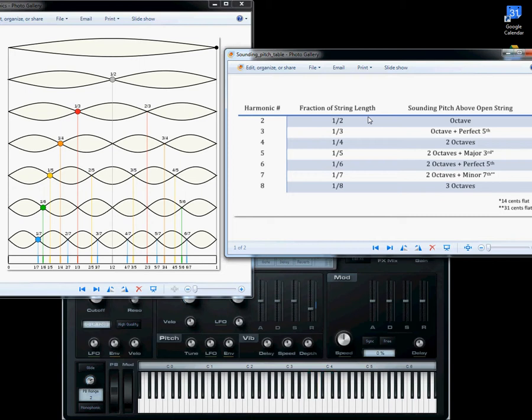What if we want to do a raise 5, flat 9? That sounds kind of cool, right? That resolves kind of nicely to the key of F. So here's your dominant C with a raise 5, flat 9. Okay. What if we wanted to do a raise 5, raise 9?